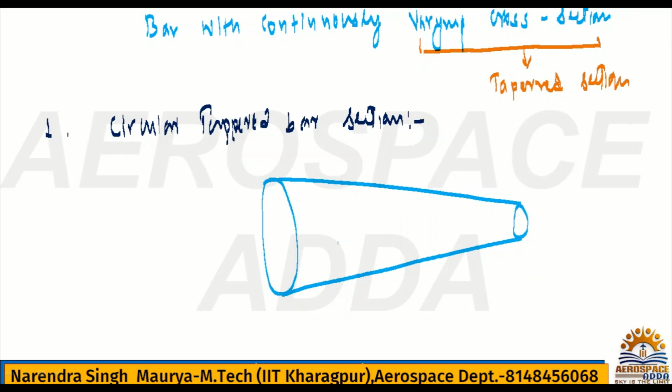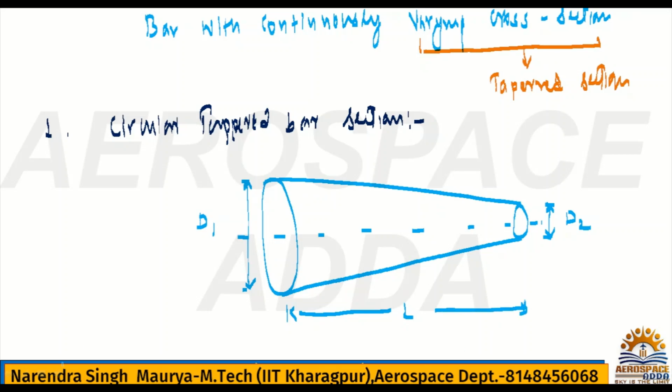I can give one reference line. This end has diameter d2, and this end has diameter d1.